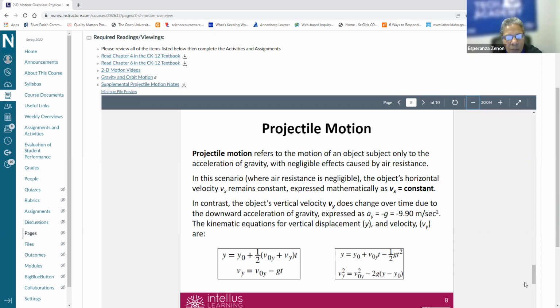All right. What about the vertical motion? Well, what they did here was to give you the equations of motion for a projectile's vertical component where only gravity is involved.